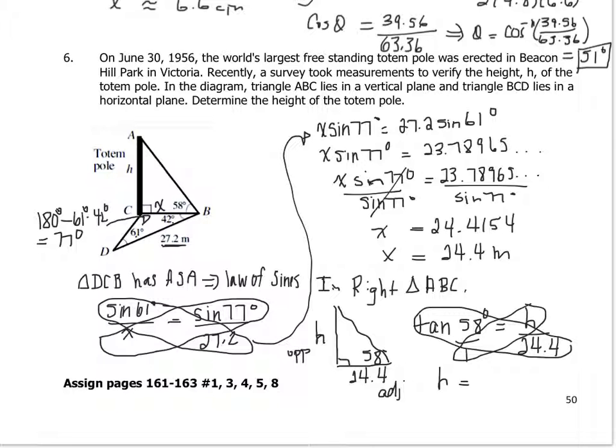Most students cross multiply, so 24.4 tan 58 equals 24.4 times tan 58, which is 39.04801, so approximately 39 feet, is it, meters?